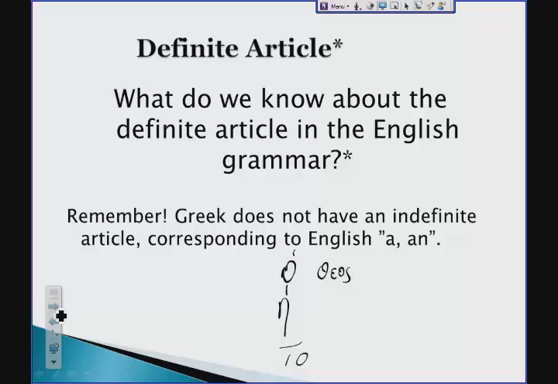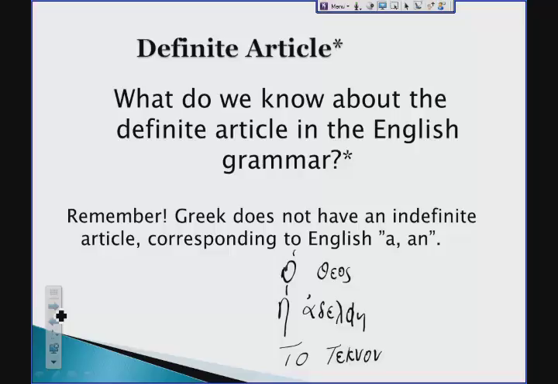Or he adelphe, the sister. To teknon, that is the child, but then we know it's neuter.